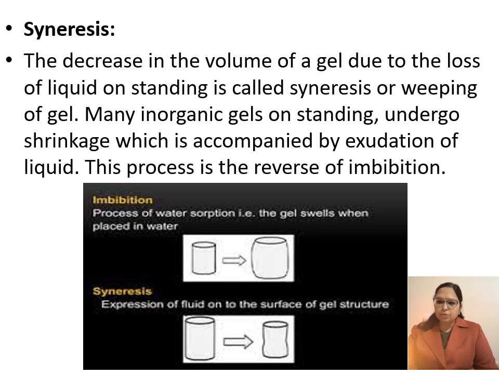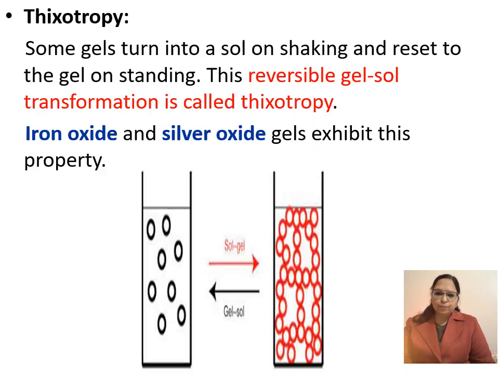This process is actually the reverse of imbibition. You can see from the figure that in water sorption, the gel swells up when it is placed in water, so the volume increases. But in syneresis, the fluid is wept out or exudation occurs. So there is shrinking of the gel and reduction in the volume.